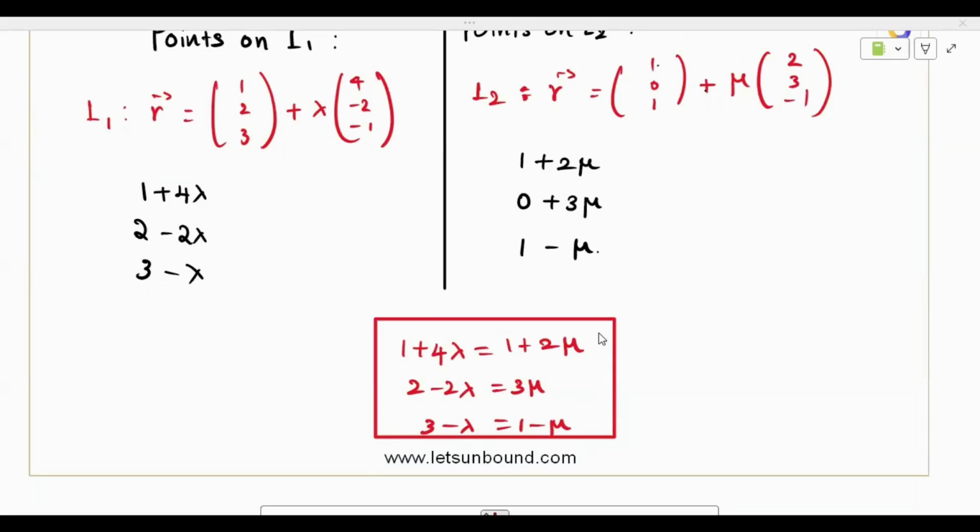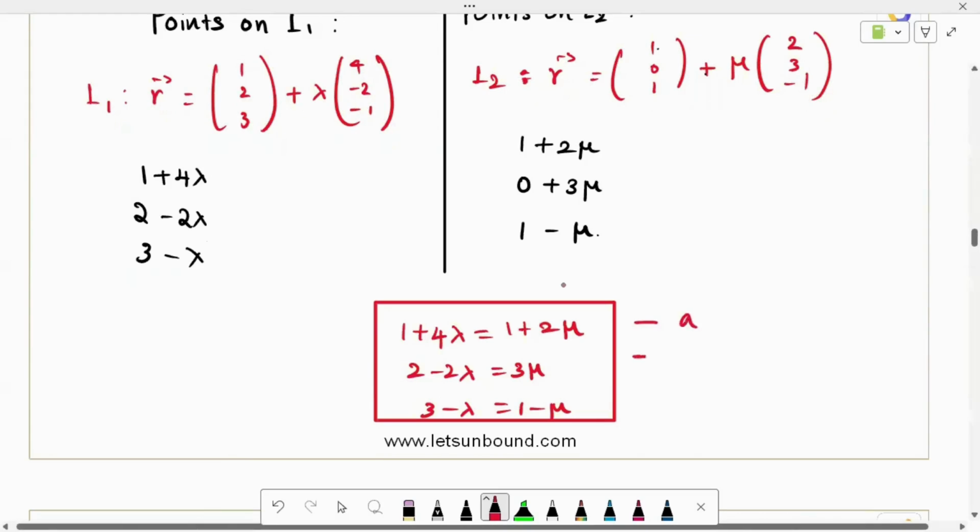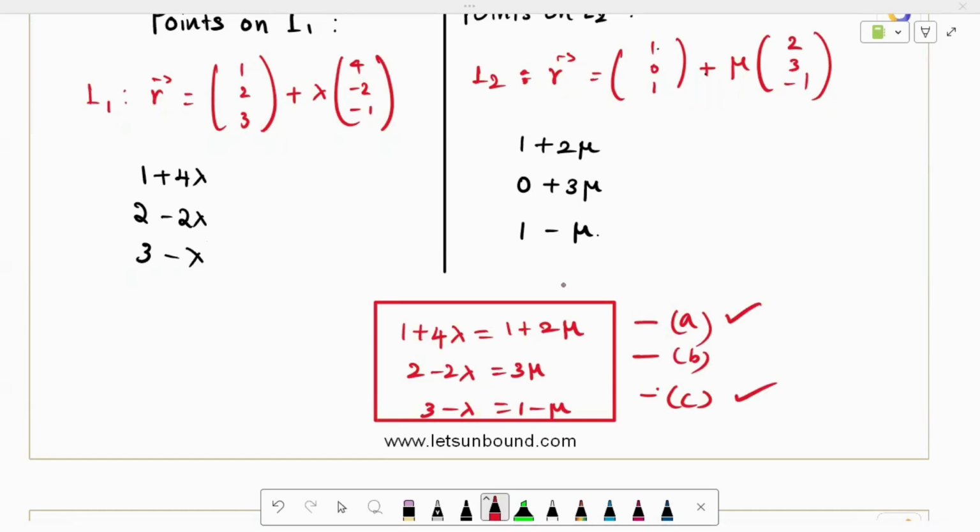That's the first part. Then I pick two equations. It's our choice. Let me name them A, B, C equations. I'm going to pick A and C and solve this. After solving, I will get some lambda and mu values. I should substitute them in the B equation.